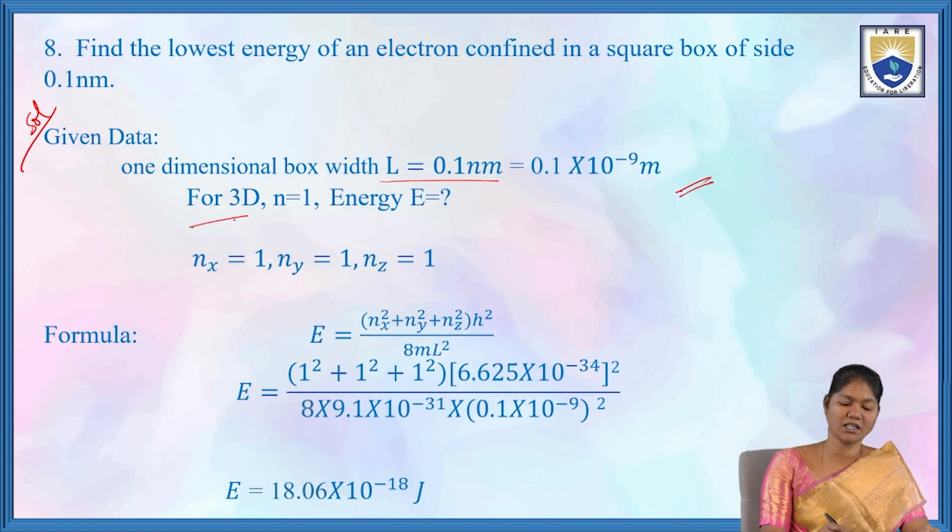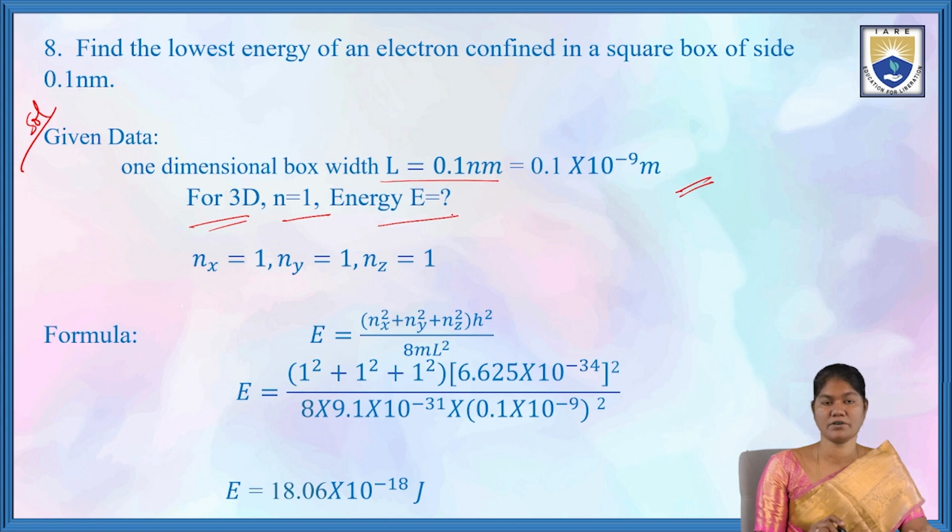But for 3D, for n is equal to 1, how much is the energy? For 3-dimensional, nx is equal to 1, ny is equal to 1, nz is equal to 1. The formula in 3-dimensional is E equals nx square plus ny square plus nz square into h square by 8m L square.